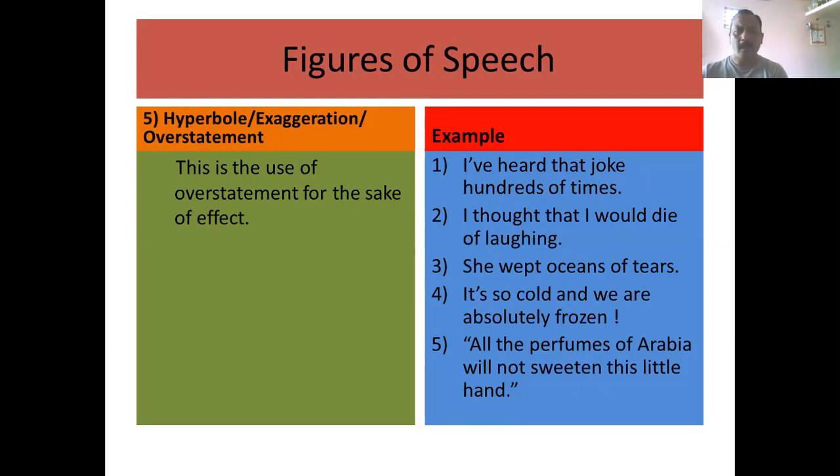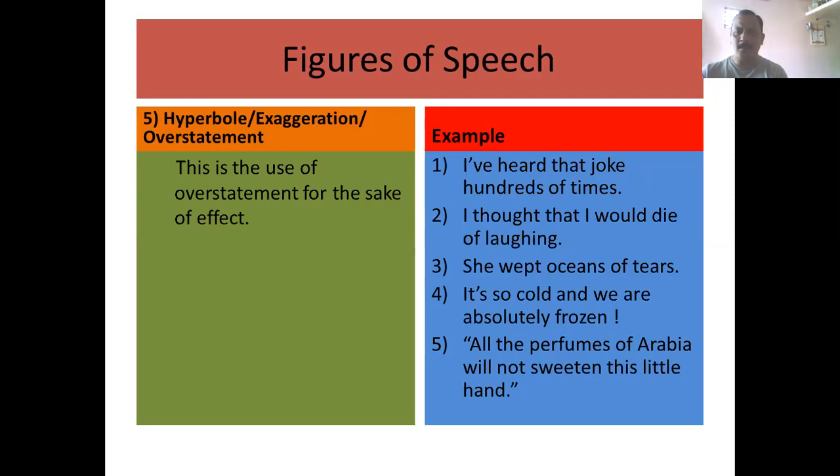Then the last example: all the perfumes of Arabia will not sweeten this little hand. Here, perfumes means indirectly scents. How can it be possible? Even a few drops of perfume can make our hand sweet. Here the speaker is saying, how is it possible that all the perfumes of Arabia will not sweeten these little hands?